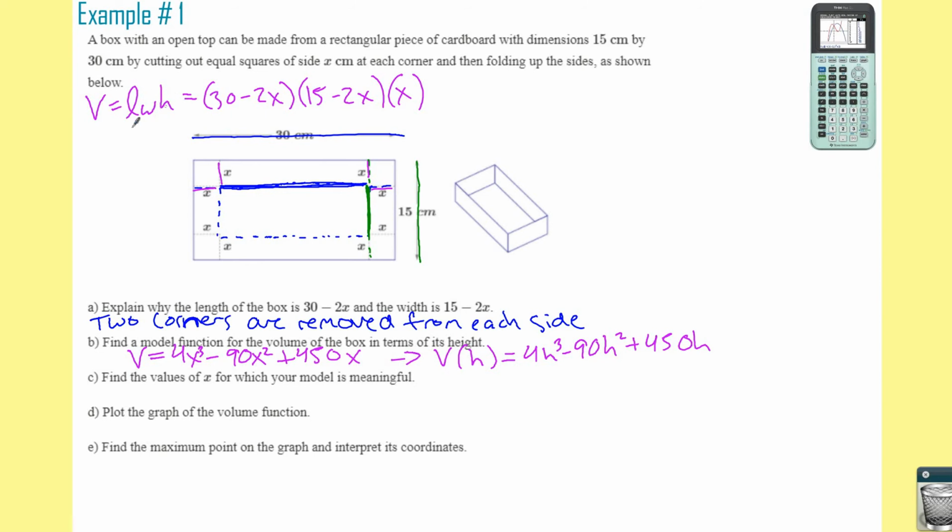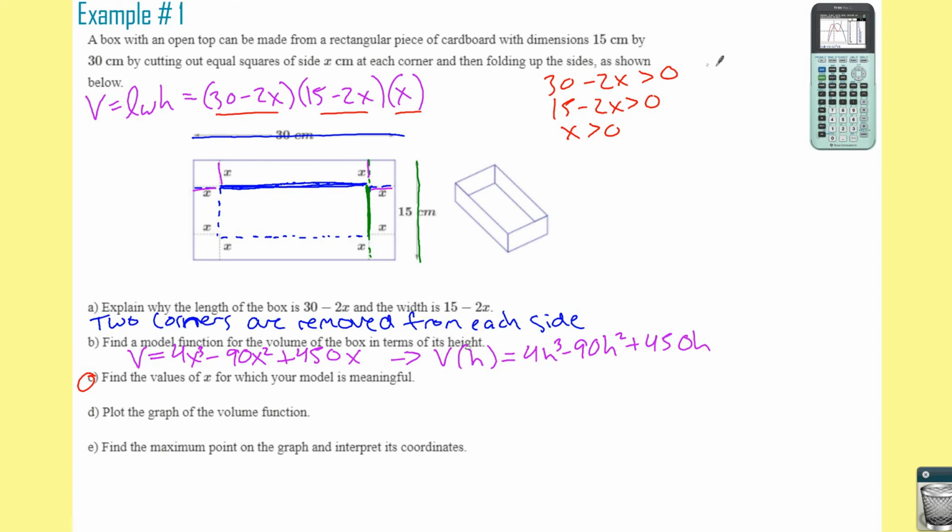We need all these things to be positive. So we need to write each one of these as greater than 0, and we can solve each one of these. So we get 3 inequalities.